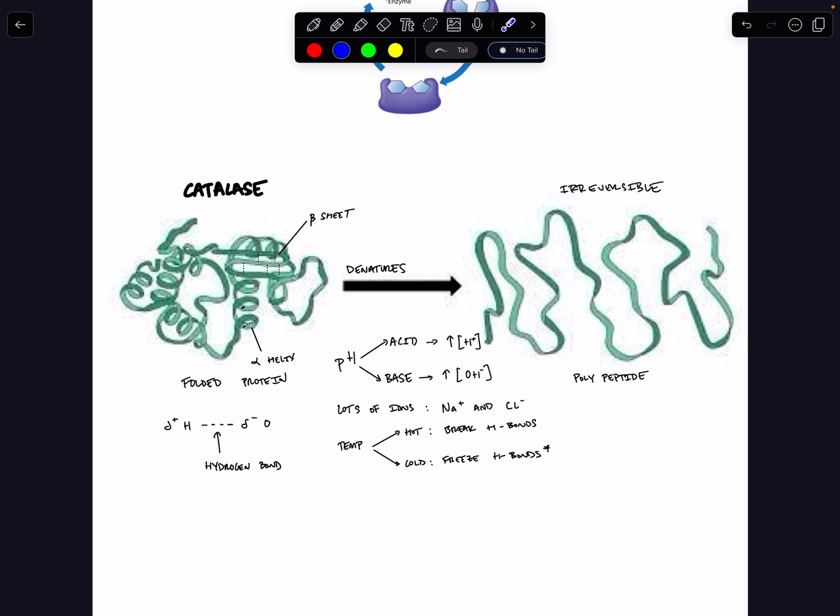When the hydrogen bonds are broken and they're gone, that's it for our protein shape. However, heating up a protein will destroy it irreversibly. When you freeze a protein, these hydrogen bonds actually freeze in place.